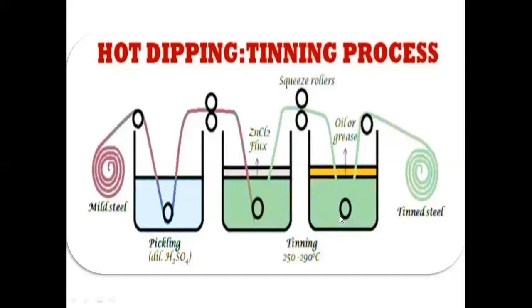The function of the oil or grease is that it protects the steel from coming in contact with the oxygen or moisture of the atmosphere, and this oil or grease will prevent it from corrosion. Then the final product is tin plated steel, which is also called tin steel. This hot molten solution has a temperature of 250 to 290 degrees Celsius.